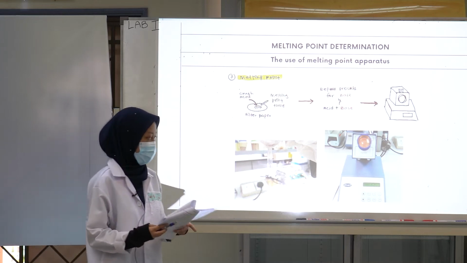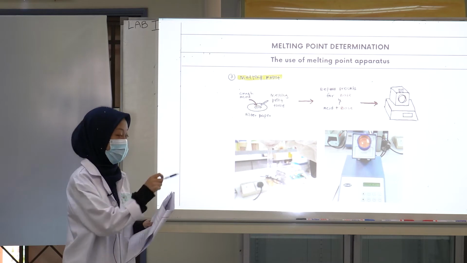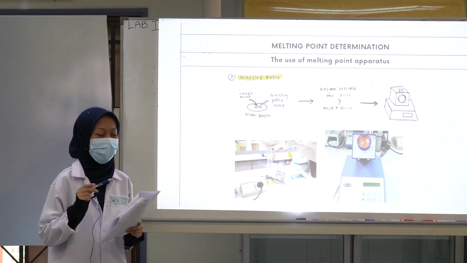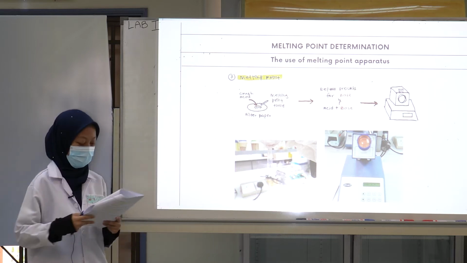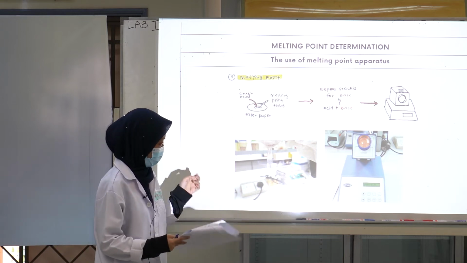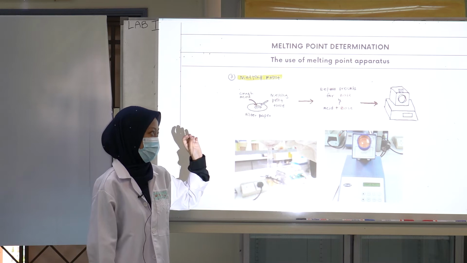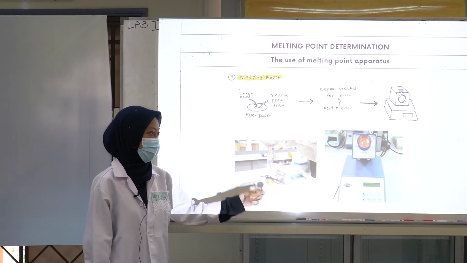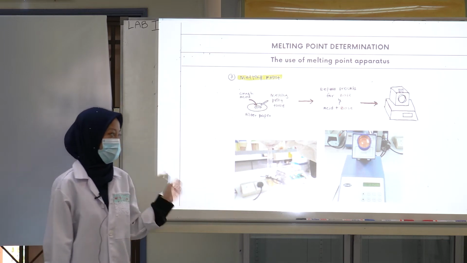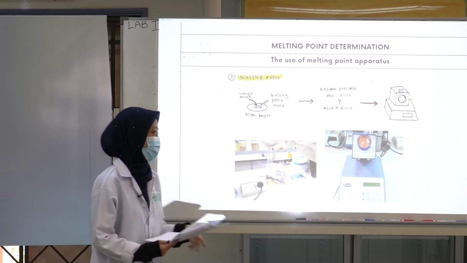And then first we set the melting point apparatus to 55 degrees Celsius relative temperature, and after that it will start heating. Once the relative temperature has been reached, it will give a beep sound. So after the beep sound, you press start, and then it will start ramping.